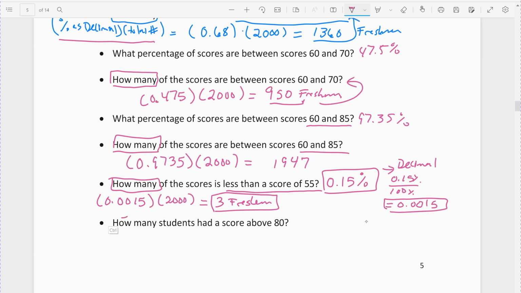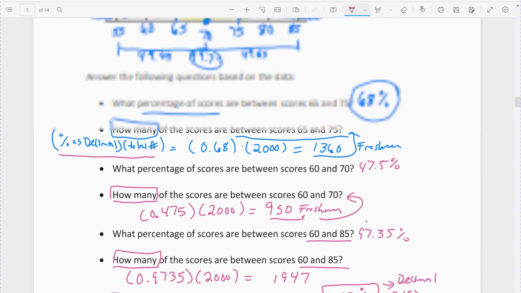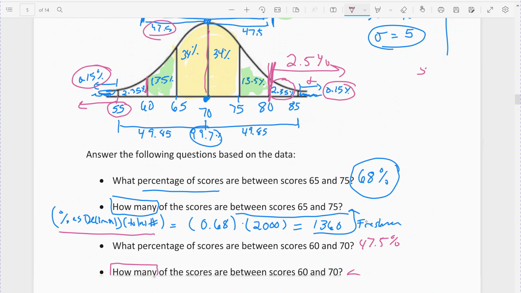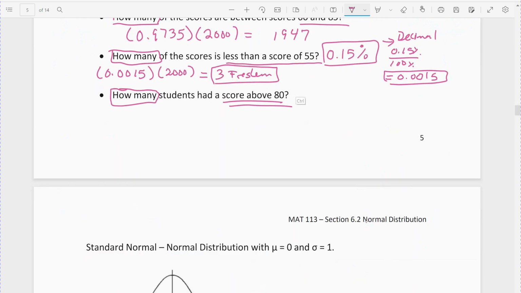Alright, how many students scored above an 80? I'll find the percent first. I'm going to look at my picture again. 80 puts me here. How many scored above an 80? That would be the 2.35 and the 0.15, so I have to add those up. So 2.5% scored above an 80. Remember, you've got to convert that to a decimal.